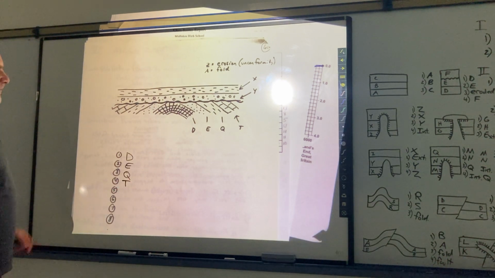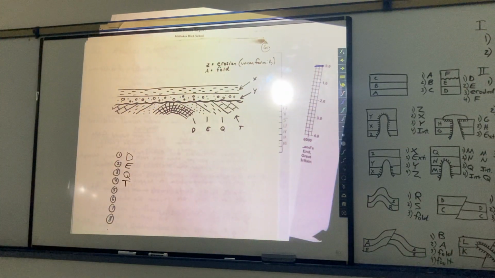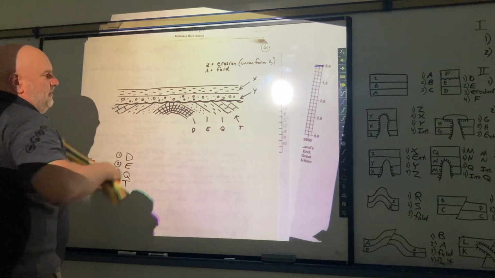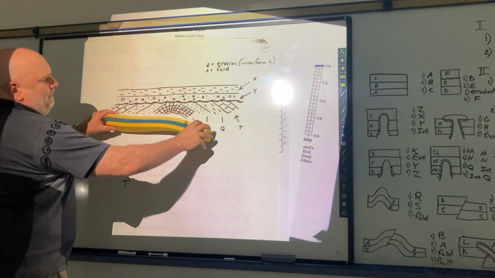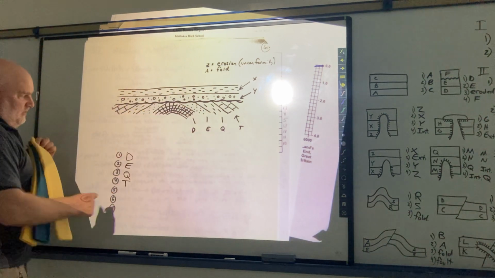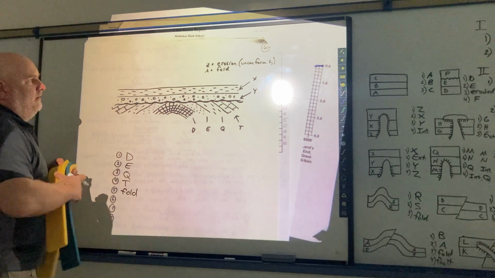Then what happened is all those layers, D through T, formed, and then those layers bent like that, so they folded.